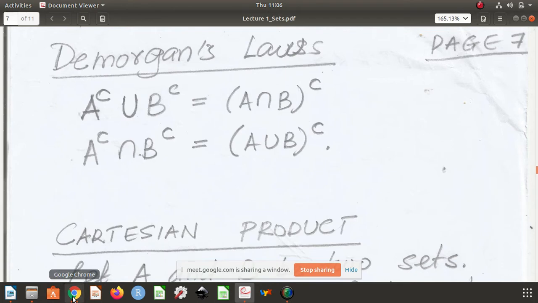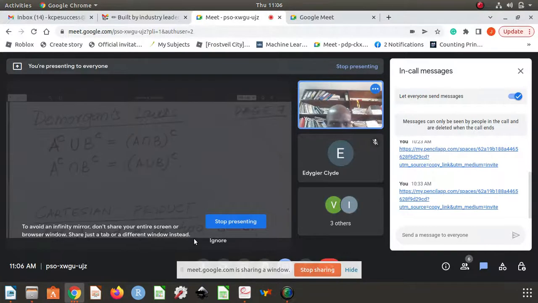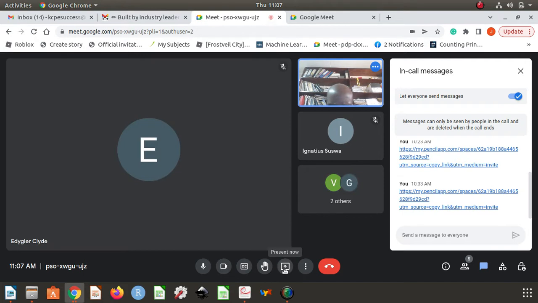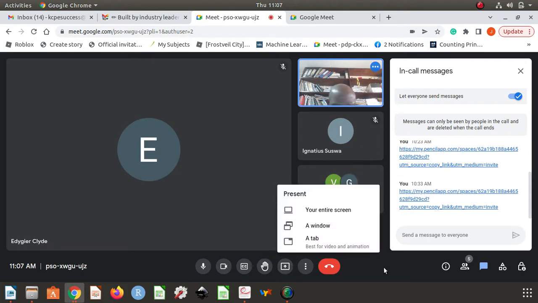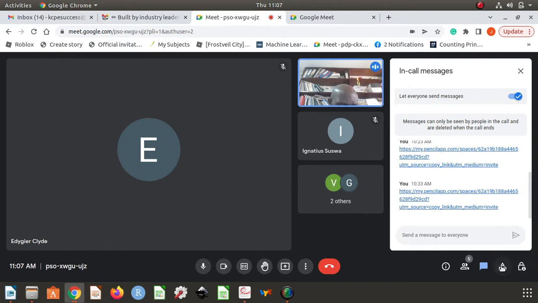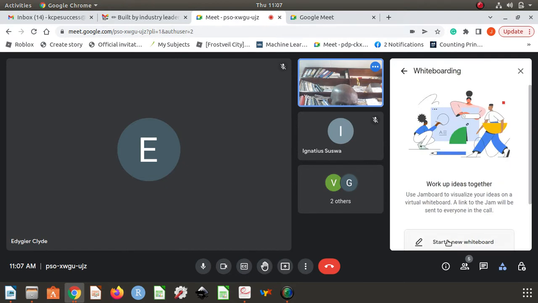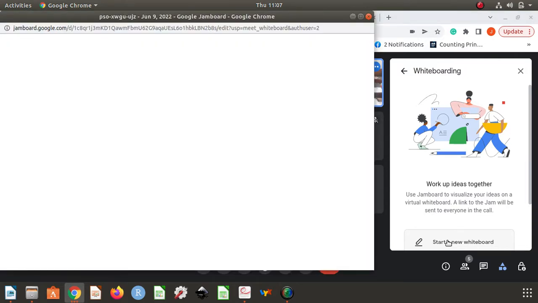Let me see if I can get the whiteboard to work. Usually if I can get the whiteboard to work, then we should be in business. So I'm going to start a whiteboard. I don't know if you can see.